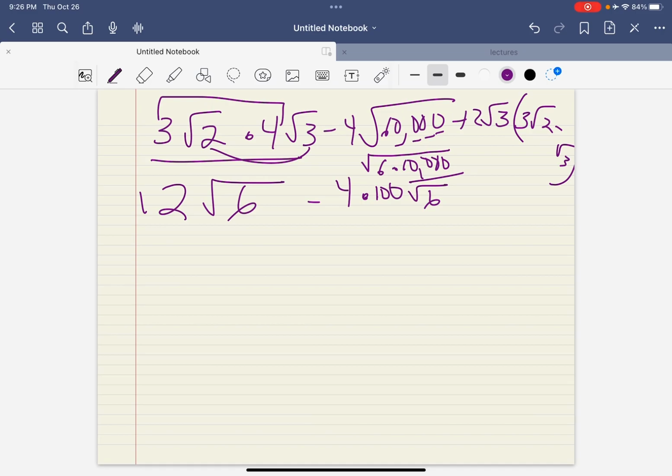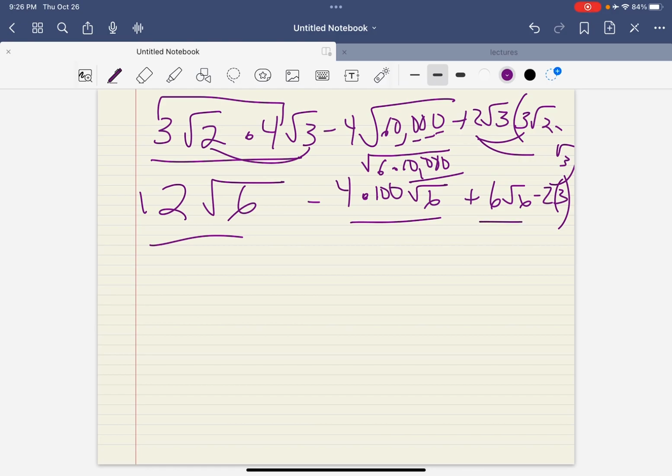And then this one will be 2 times 3 is 6, square root of 6. And this one is going to be minus 2 times square root of 3, square root of 3 is 3. All right, so now we have 12 square root of 6 minus 400 square root of 6 plus 6 square root of 6.